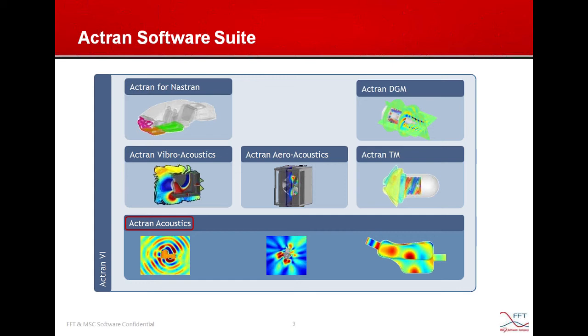So Actran Acoustics solves pure acoustic problems, such as the sound radiation from a vibrating structure with the vibration already calculated in an FEA solver, for example, in Actran. Actran Acoustics also solves acoustic transmission in intake and exhaust systems, like the image on the right. It solves also acoustic resonance in an enclosed cavity.